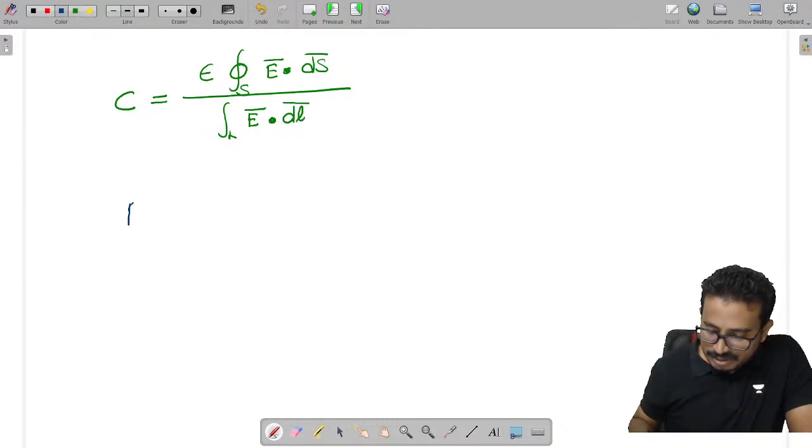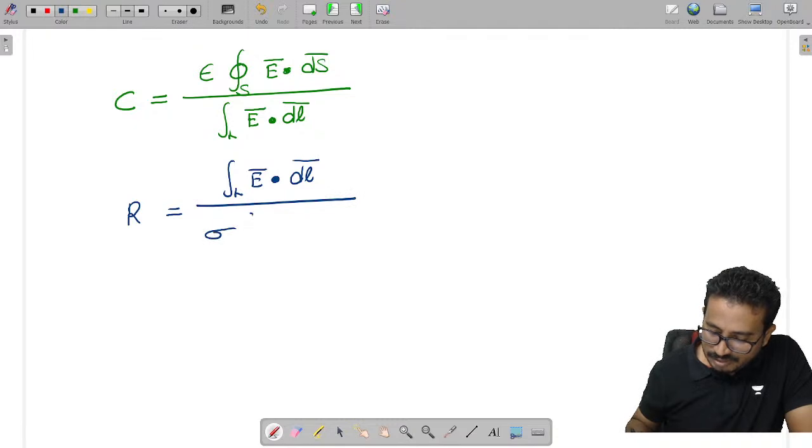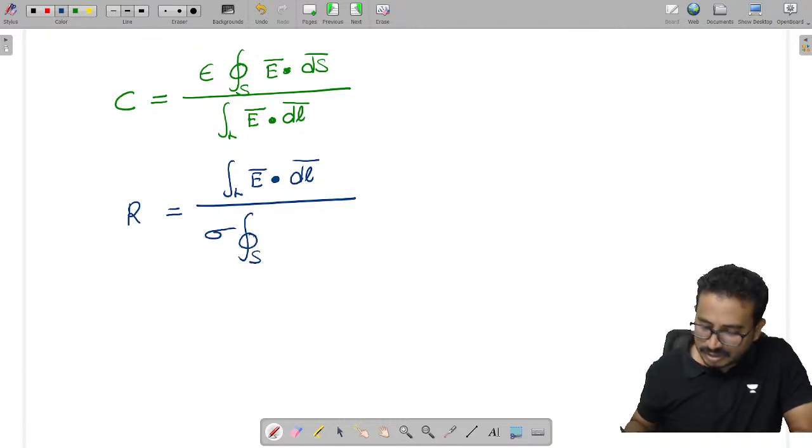Now what about the resistance? It is the line integration of E dot dl by sigma into the closed surface integration of E dot dS.